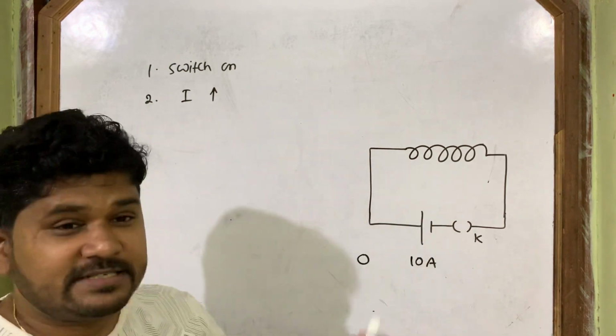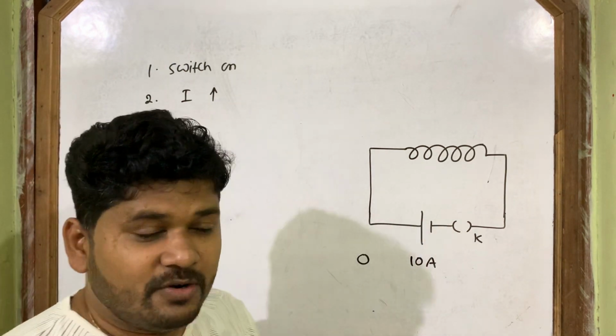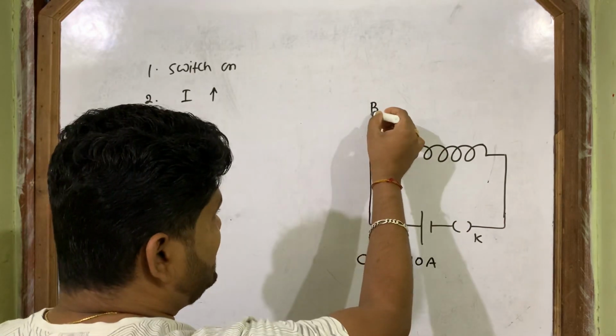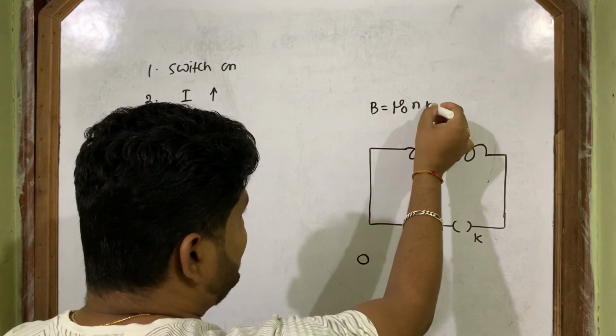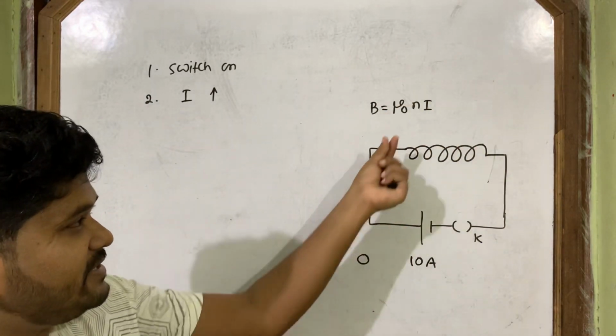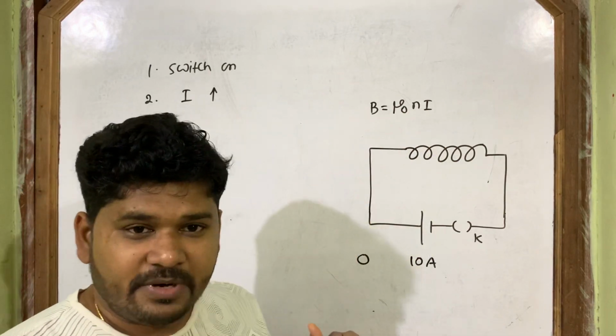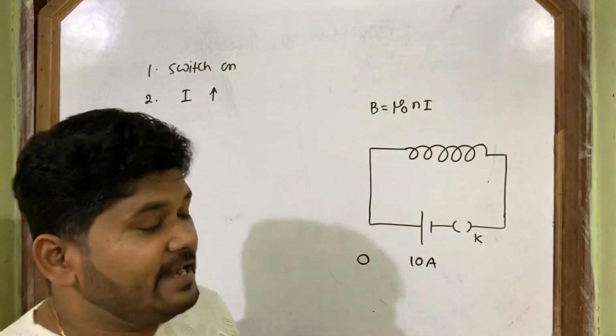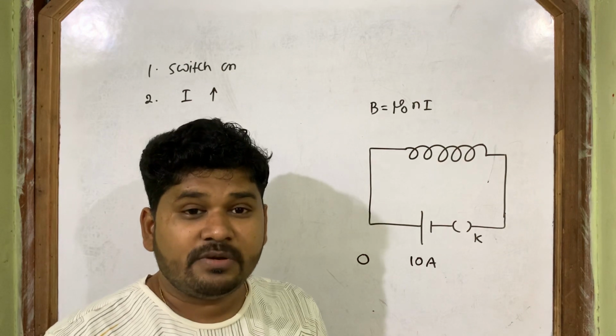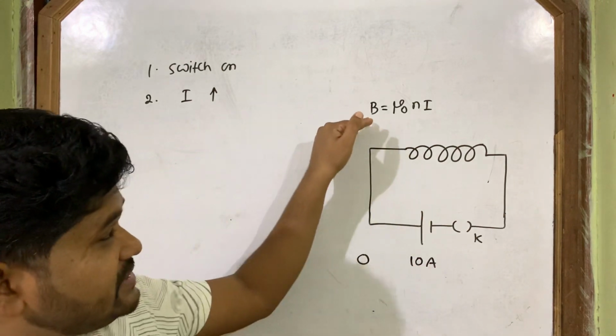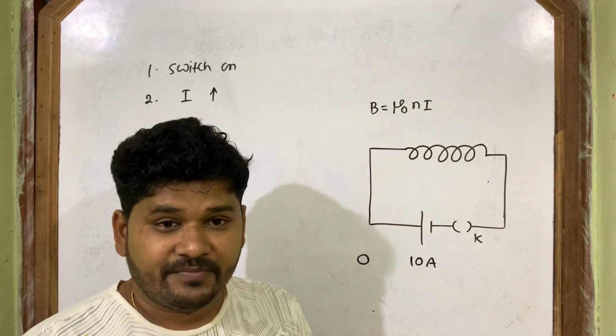It produces its magnetic field. What is the magnetic field formula? B is equal to mu naught N i, where i is current, mu naught is the permeability of vacuum, and N is the number of turns per unit length. You know this expression from the electromagnetism chapter.